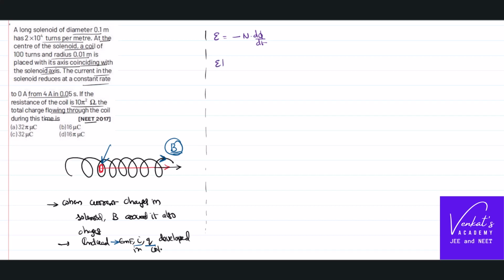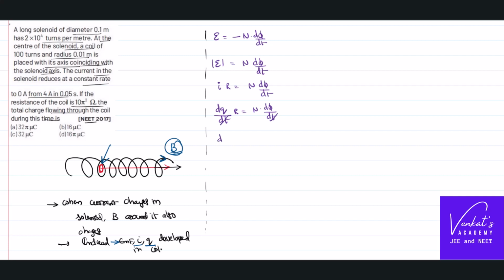If you consider only the magnitude of the induced EMF, I can write N into d phi by dt. Induced EMF can be written as V equal to IR, N d phi by dt. Current is the rate of flow of charge, dq by dt, times R, equal to N d phi by dt. This dt can be cancelled.